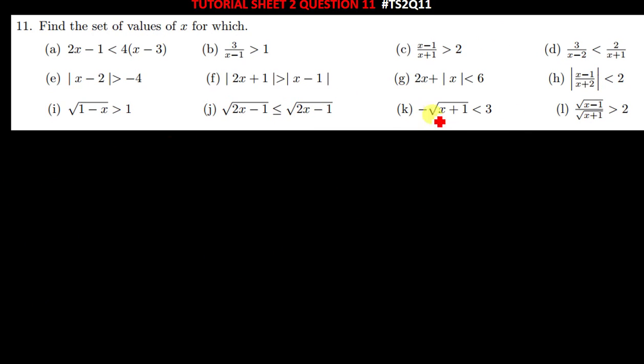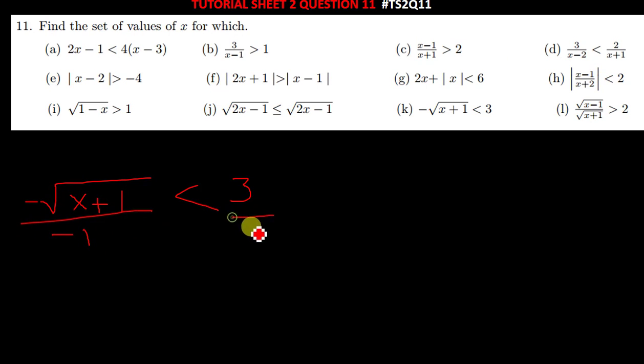This other question is saying the negative of the root of x plus 1 is less than 3. So here you divide by negative 1 on both sides, so our sign there is going to change. We're going to have the root of x plus 1 greater than 3.